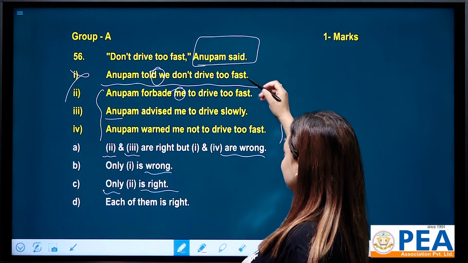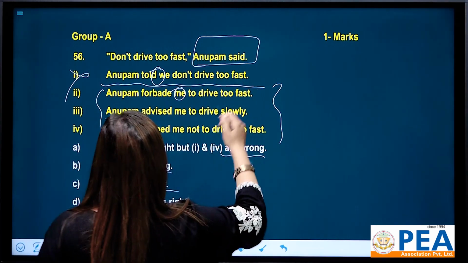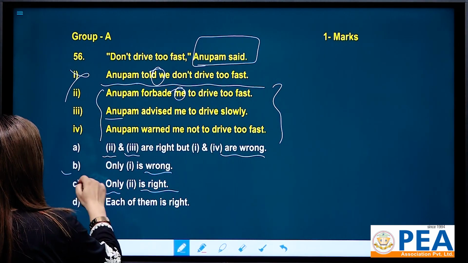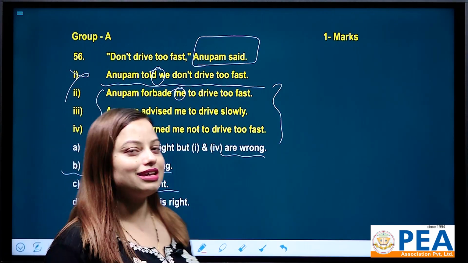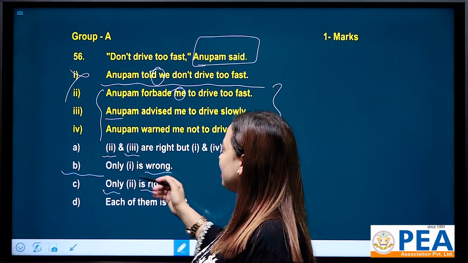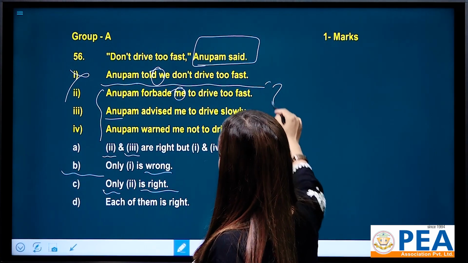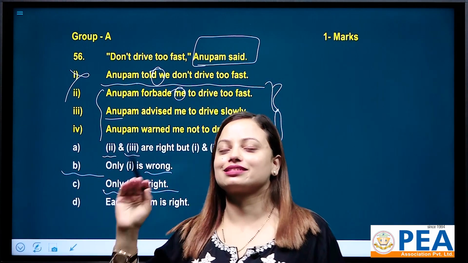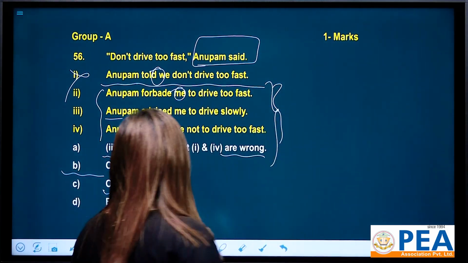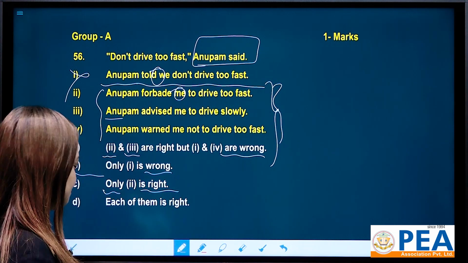So the wrong option is option number I, and here option number B said only I is wrong, and that is absolutely true. Only I is wrong, the rest of these 3 sentences are all correct. That's why option number B is the correct option here.